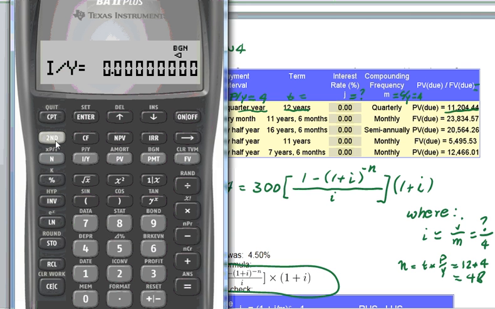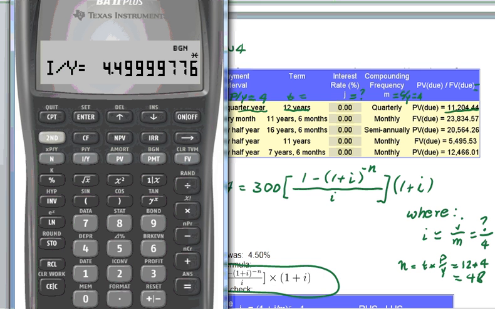But then we have to go and put second function I over Y, and we'll have 4 payments per year, so we're going to put 4, enter, and then number of compounding periods is also 4, so we're okay in here. And then we input the remaining values, payment, present value, 0 for future value, and then we compute I, and I is equal to 4.5%.